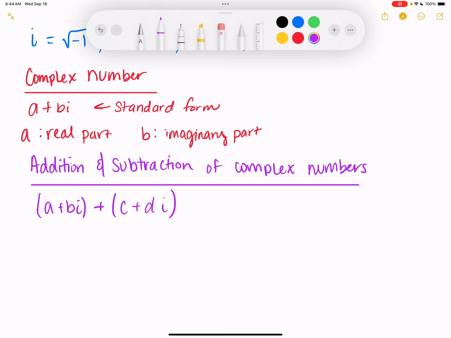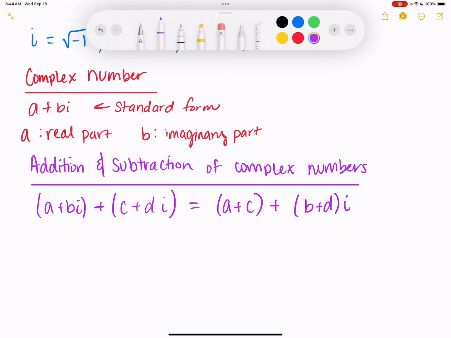This would be equal to A plus C, that would be the real part, plus B plus D times I, that's the imaginary part. So notice the I is always written after the stuff that's being added together. Obviously, if there were numbers like 3 and 4 for B and D, then we would just say 7I. So just be aware of that.